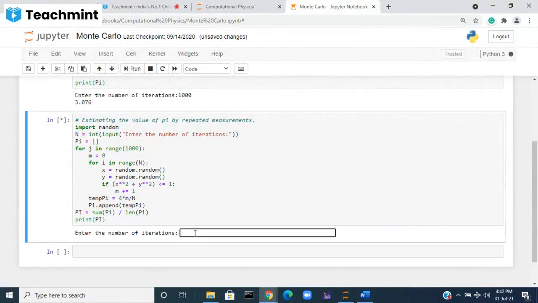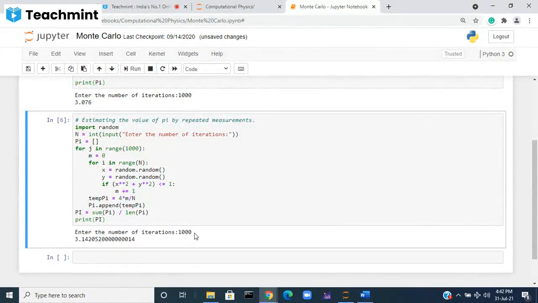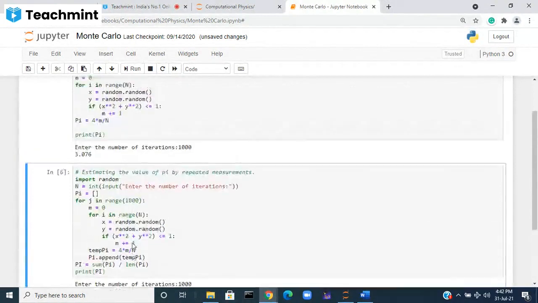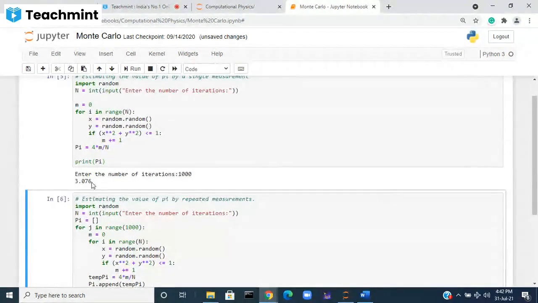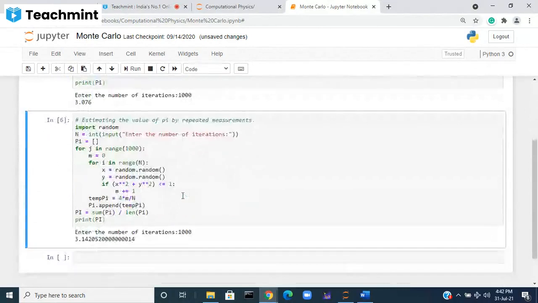Let me enter 1000. It gives 3.142. When you compare 3.076 with 3.142, you find that this is more accurate.